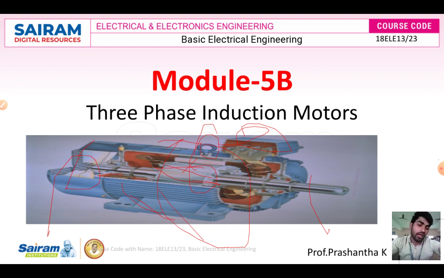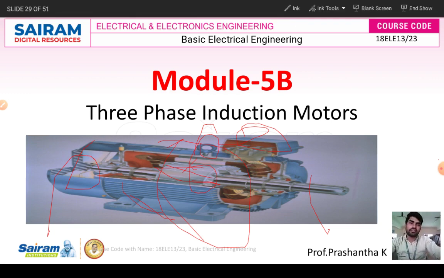Don't confuse the induction motor with the AC generator. In the AC generator, we collect current from the stator armature conductors, but here, if you give power supply to the stator, it produces a rotating magnetic field in the induction motor. I'll draw the diagram for your reference. So this is the induction motor, and we are giving three-phase supply. Here a rotor is present, just assume this is a rotor.